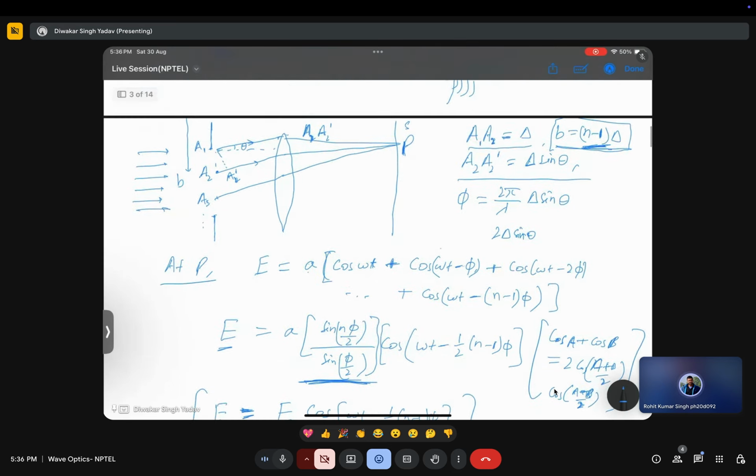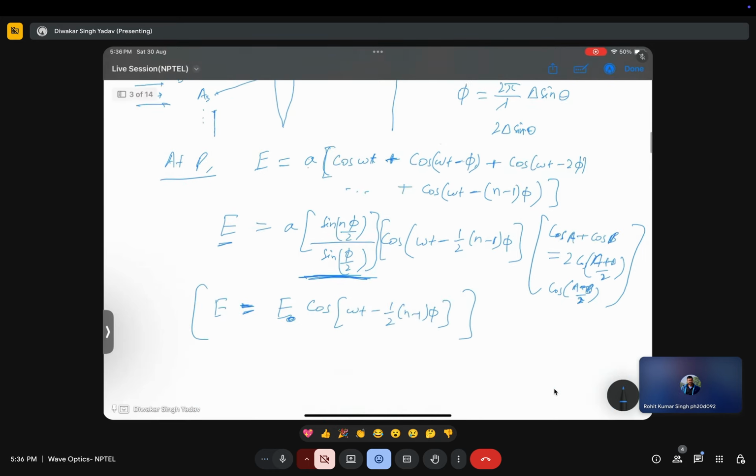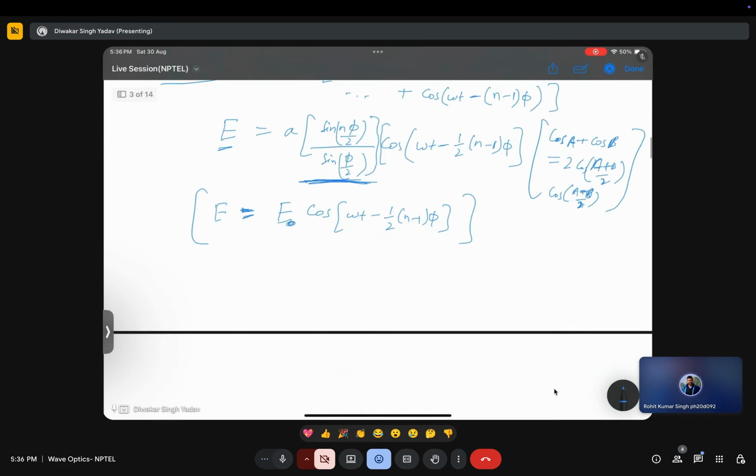Now it's up to you to keep this delta distance as small as you want. So we will see when n goes to infinity and delta goes to 0, what happens.